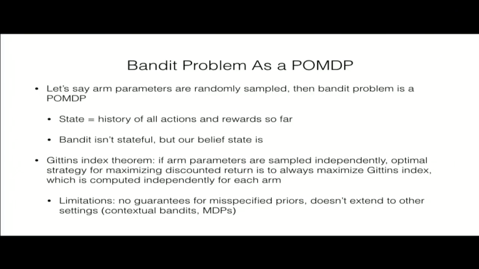You just have to choose it based on what you know about the universe. If you have many problems, then you could try to fit a prior somehow. If you're solving a sequence of different bandit problems, then you could try to fit some distribution to the parameters you're getting and use that as a prior if you're given a new problem.